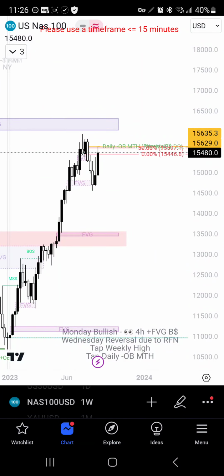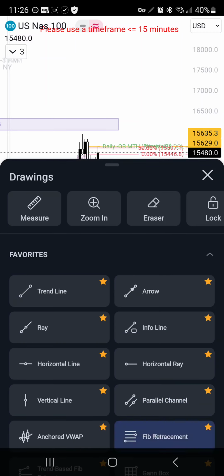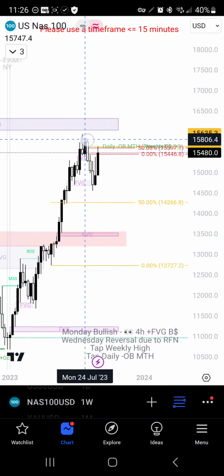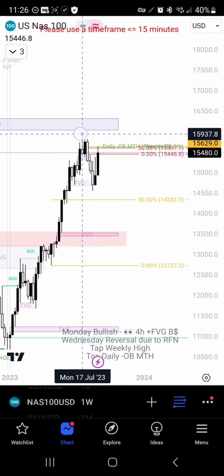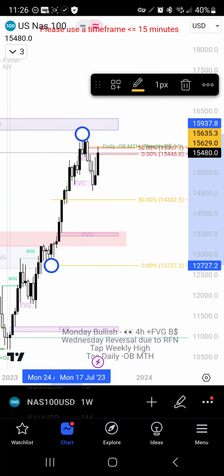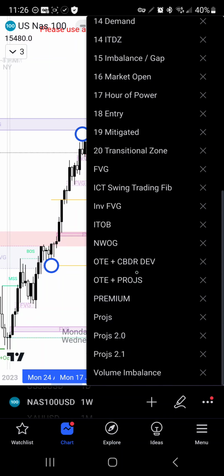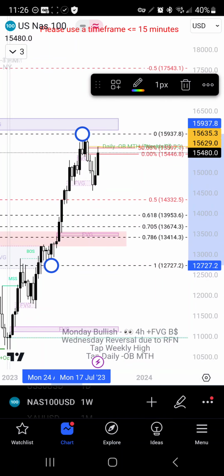Let's see. This is our last point here that we took sell side liquidity. Take it up to the highest point of our current price leg. Okay.